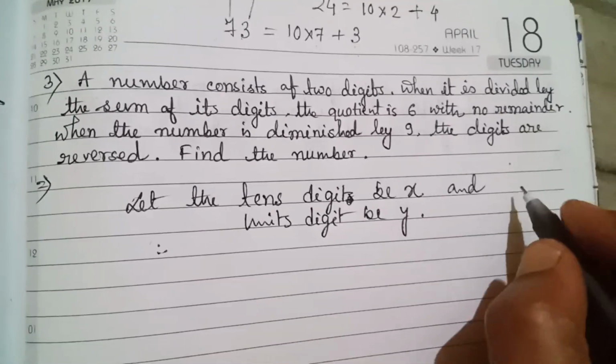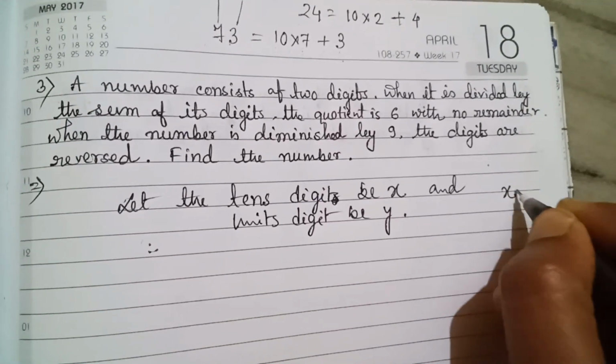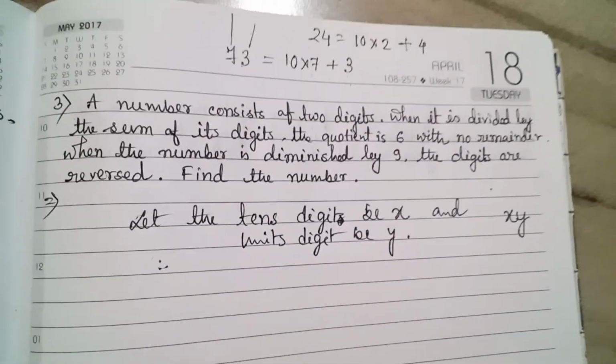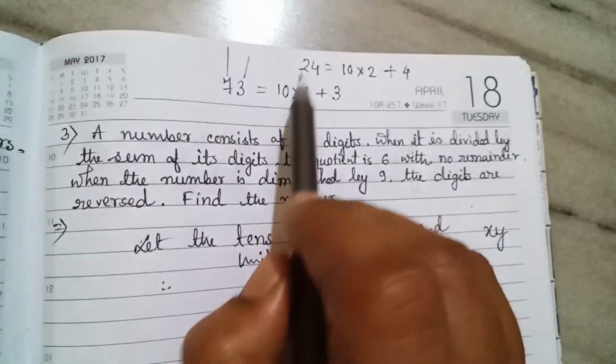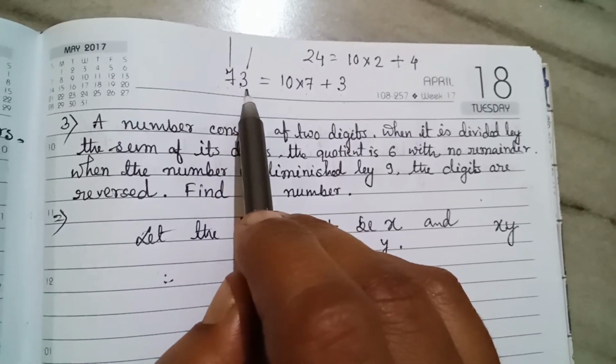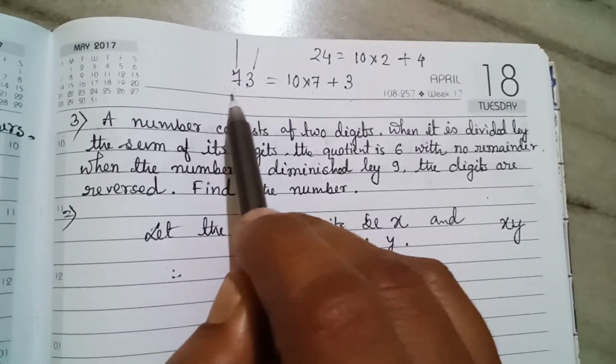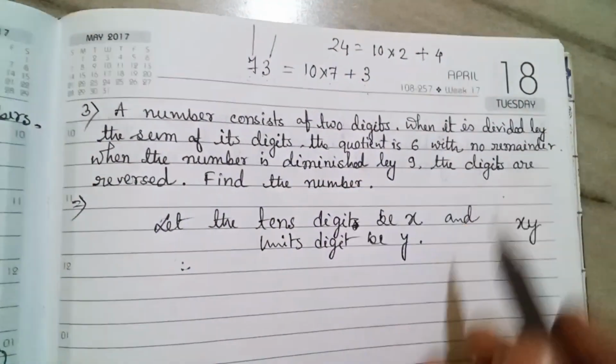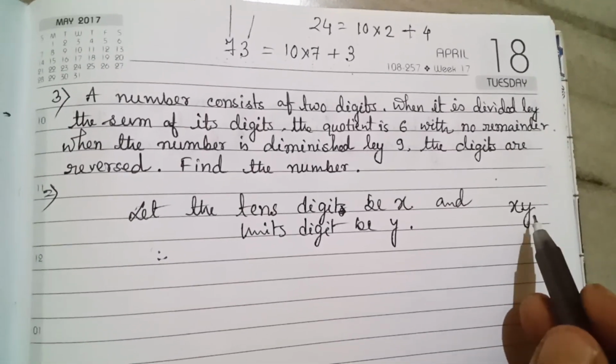So you must be thinking that the number will be xy, because the tens digit is 7 and the units digit is 3 in 73, so we were constructing 73 from this. So we will construct xy.